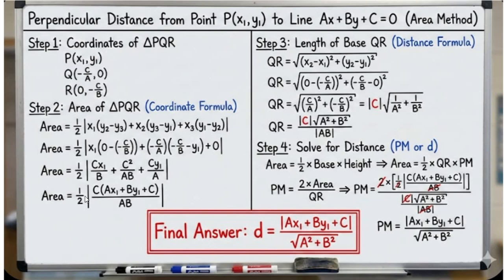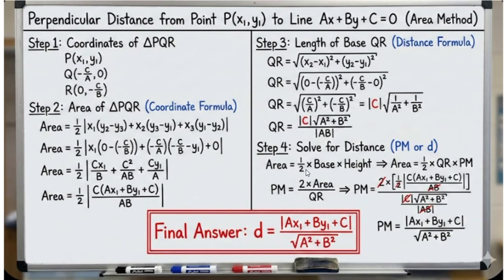Why do we need this area? What we actually want is PM, the perpendicular from P to the line ax plus by plus c. The area is equal to half into base into height.